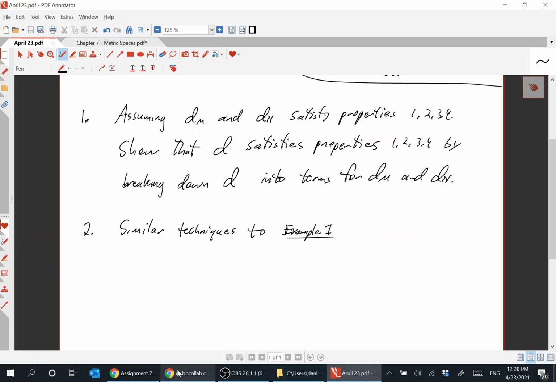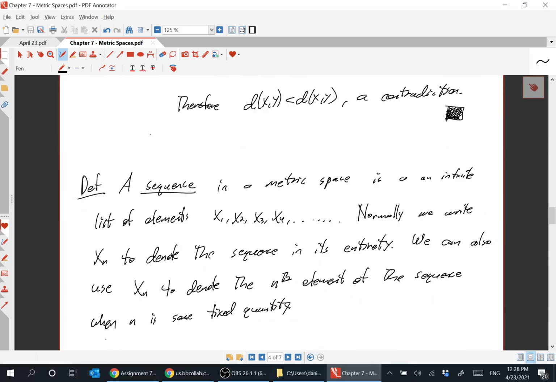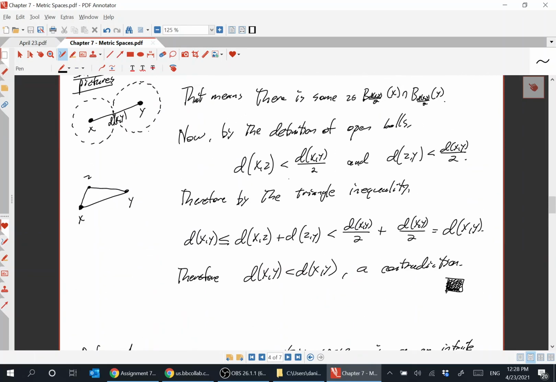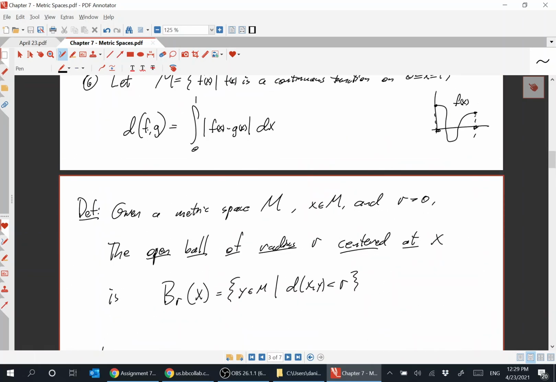All right, so let's get back to our discussion on sequences, and that'll be everything for the course. After we talked about open balls, remember what the open ball was. Given a metric space M, and X in M, and a positive real number R, the open ball of radius R centered at X is B_R(X).